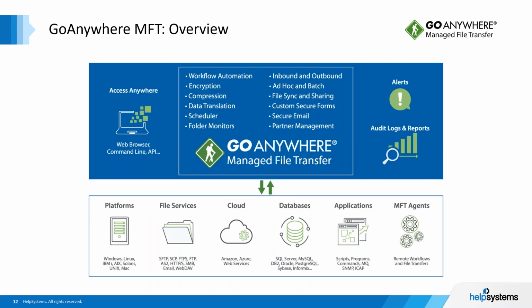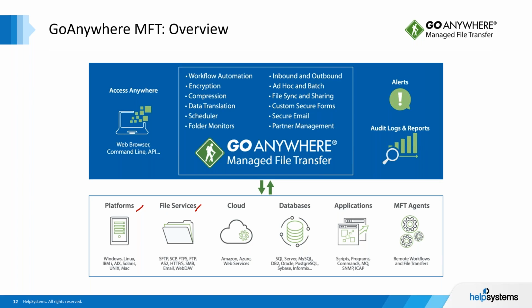So if you look down below here in the bottom left corner, we've got platforms. As I mentioned earlier, GoAnywhere can be installed on many different platforms. It's really OS agnostic, from Windows, IBM, and several others, including Linux. It's really your choice, your preferred operating system.